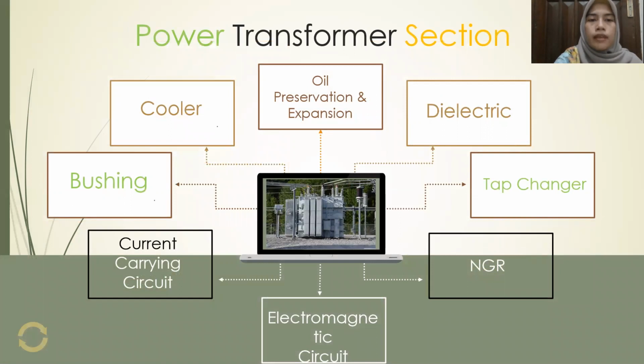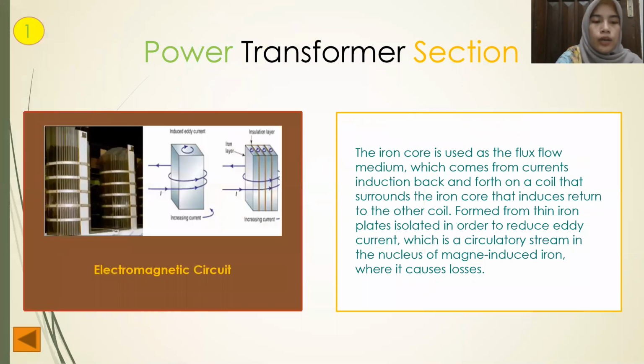This is my map power transformer section. 1. Electromagnetic circuit. The iron core is used as the flux medium, which comes from current induction back and forth on a coil that surrounds the core that induces current to the other coil.